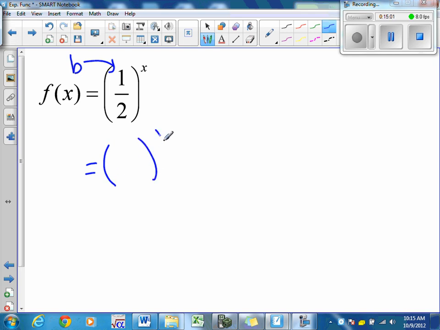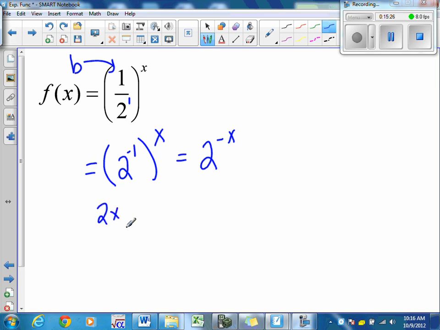We know that 1/2 is the same as 2 to the negative 1, right? Because here it's to the first, you can flip it to the top and it becomes a negative. Now, our properties of exponents say when you have a power to power, you multiply. This is 2 to the negative x.